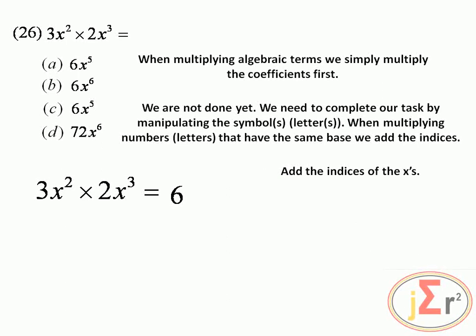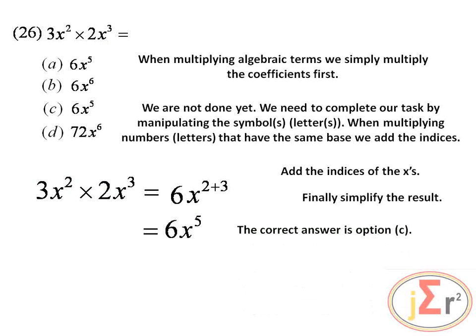Add the indices of the x terms, and what do we get? 2 plus 3 is equal to 5. So finally, simplify the result, we get 6x to the power of 5. The correct answer is option C.